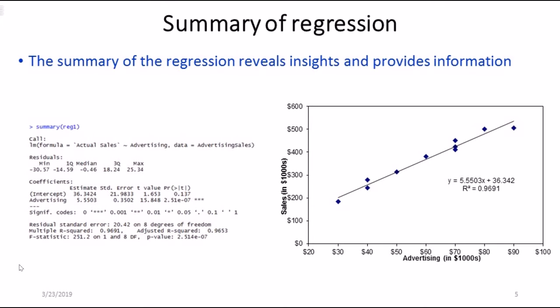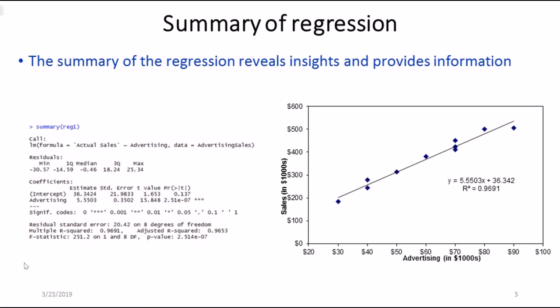For now, just look at the estimates for the intercept and for advertising. Those estimates form the linear relationship between y and x. Y is the sales and x is advertising in $1,000.